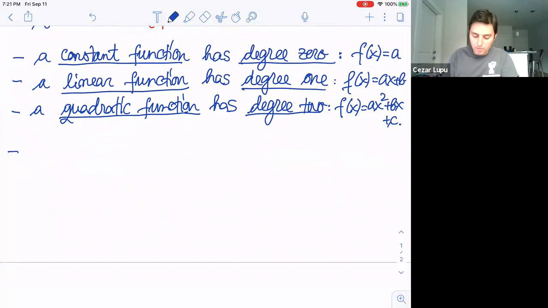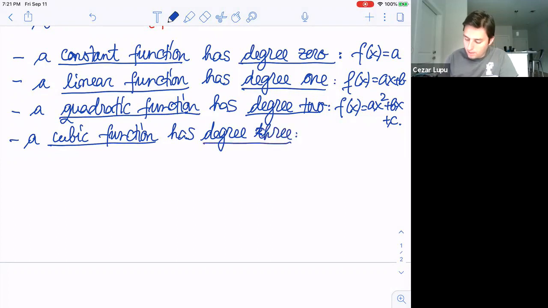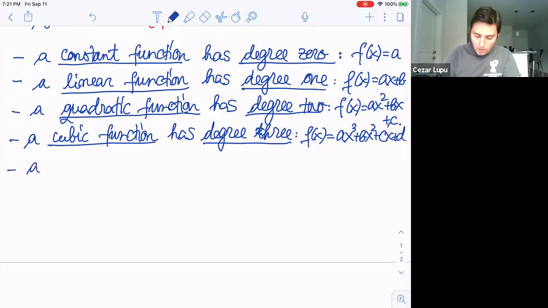Now let's keep going. A cubic function has degree 3. And these functions look like ax cubed plus bx squared plus cx plus d. And now let's do one more. A quartic function will have, as you can imagine, degree 4.